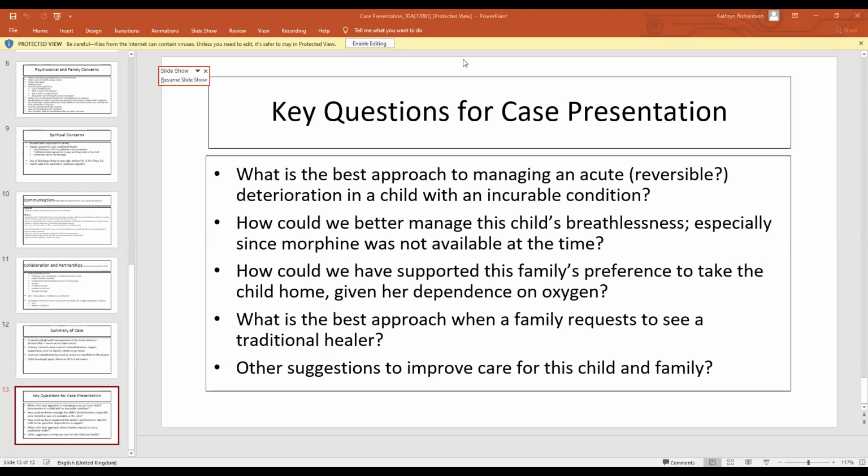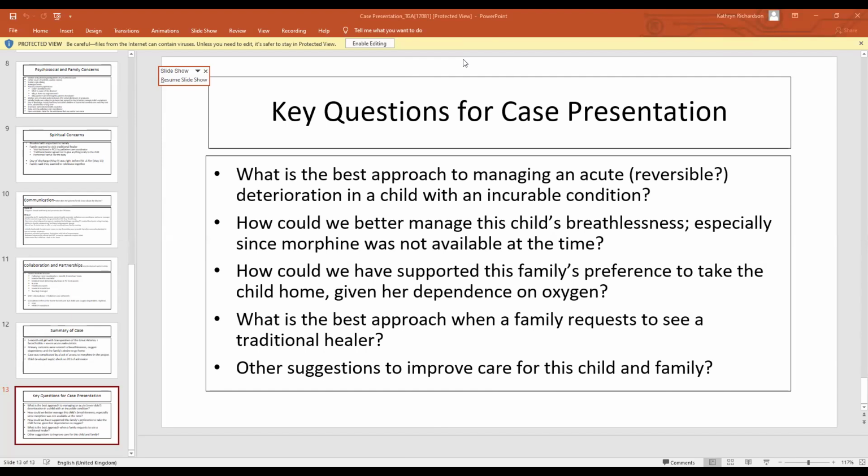You were available and gave a lot of support for the family. You were communicating very well with the family throughout the time the child was in hospital, and you were focusing on symptom control. So you have thought about all the aspects of palliative care, which is really excellent. And I think that's the first starting point before we discuss the case in more detail.